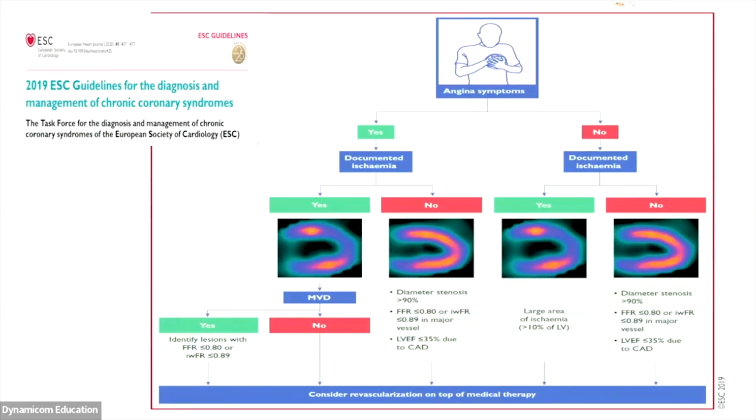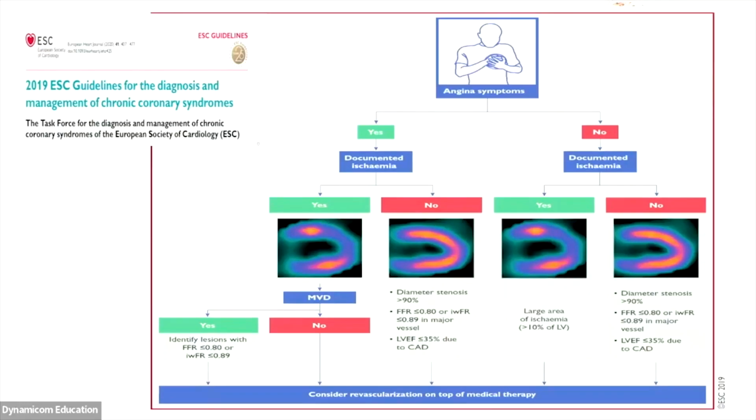And in the absence of ischemia, if it is associated with a significant lesion more than 90%, or FFR less than 0.8, iFR less than 0.9, or ejection fraction less than 35%, revascularization should be considered. If there is no angina and there is evidence of documented ischemia, if it is a large area of ischemia more than 10%, then revascularization should be considered.